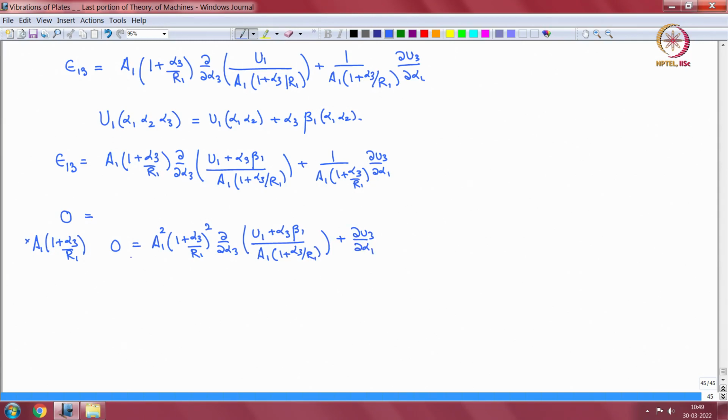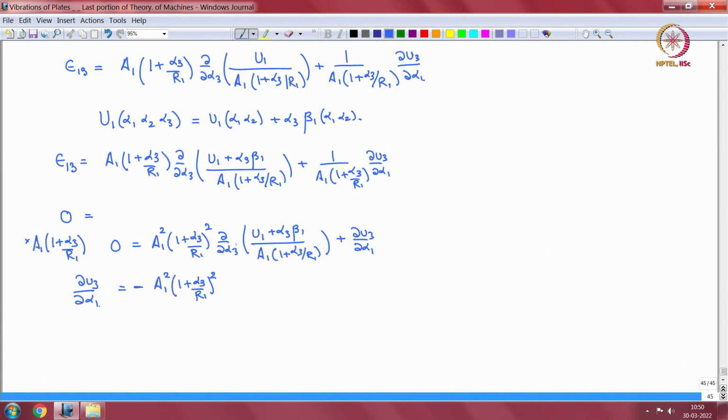So what do I have now? What I have is del U3 by del alpha 1 is equal to minus A1 squared (1 plus alpha 3 by R1) whole squared.